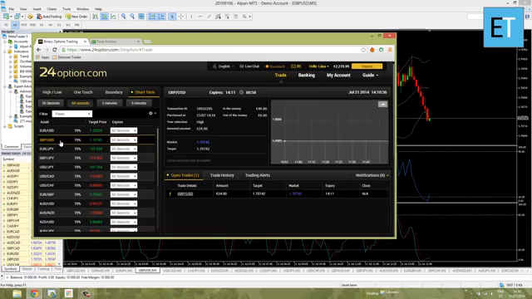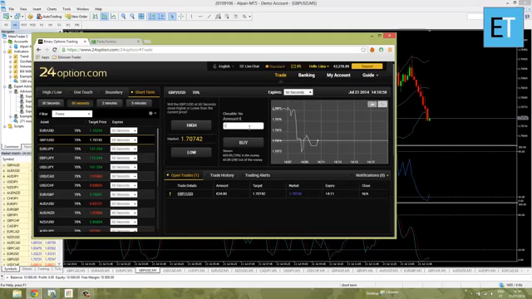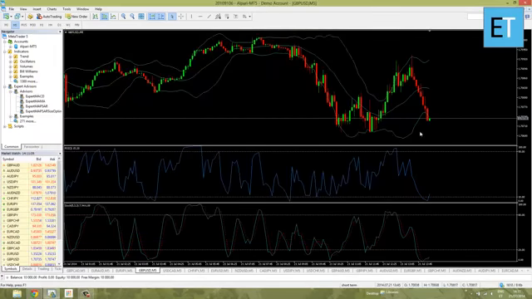Okay, so I've entered this trade because we had a crossover in Bollinger Band. Also RSI is moving up and Stochastic is indicating crossover. Also, it's very close to where it has previously bounced back. So let's have a look.